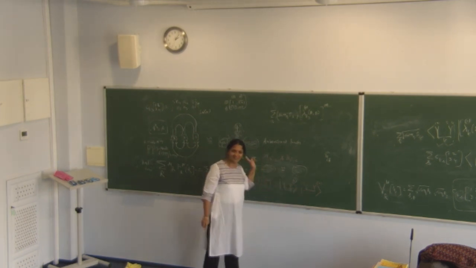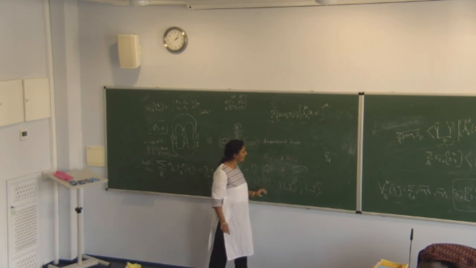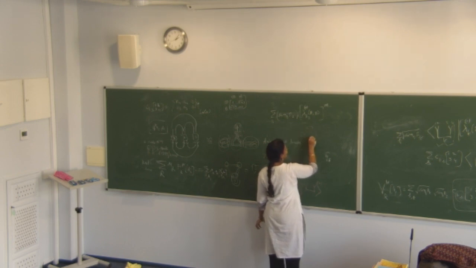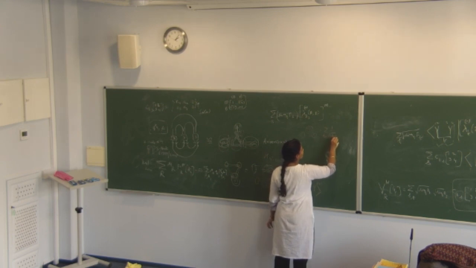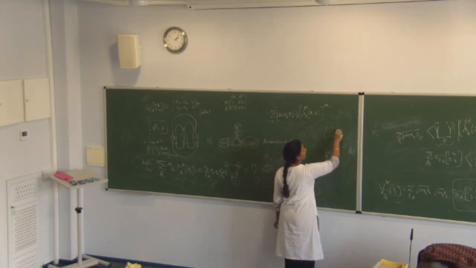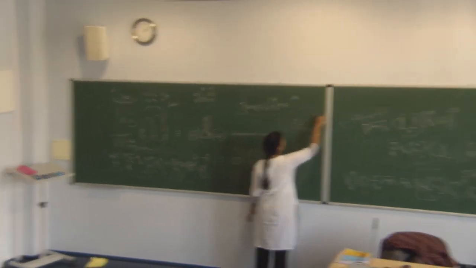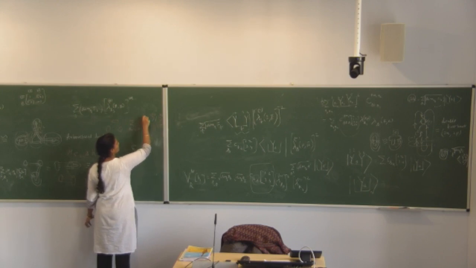So you have to take care of that. This is the state for the 2 boundaries. For 3 boundaries, the state will involve a sum over R, S, with 1 over the root of the dimension q R S, and you have boundary 1, boundary 2 and boundary 3. Each one is the same.